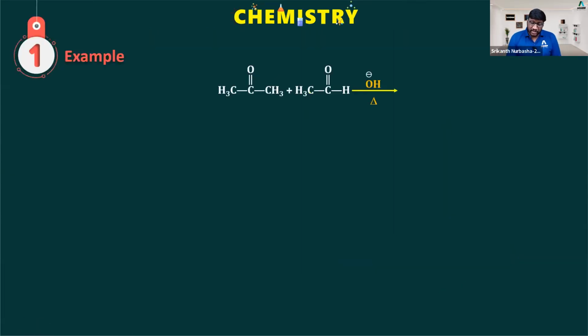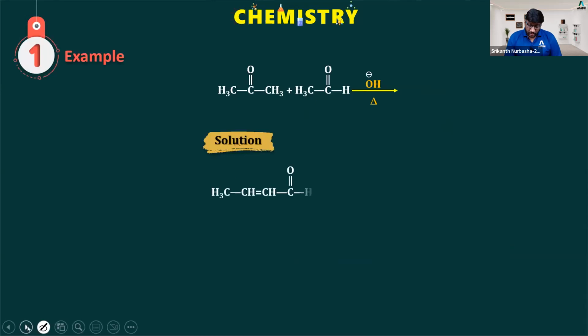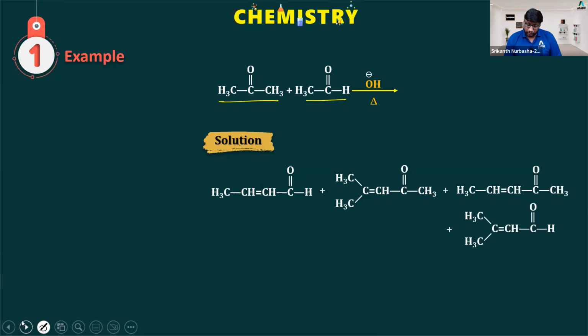CH3 C=O CH3 plus CH3 C=O H treated with OH minus upon heating forms what? Four sets of products are obtained: self-aldol, and two crossed aldols. Ultimately, you get four sets of products, and these are the four. If I take the self-aldol, we have discussed it for acetaldehyde as well as acetone.